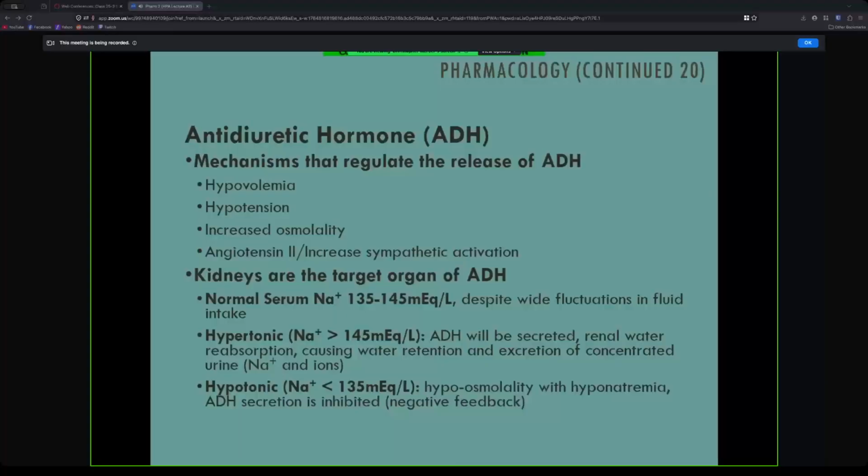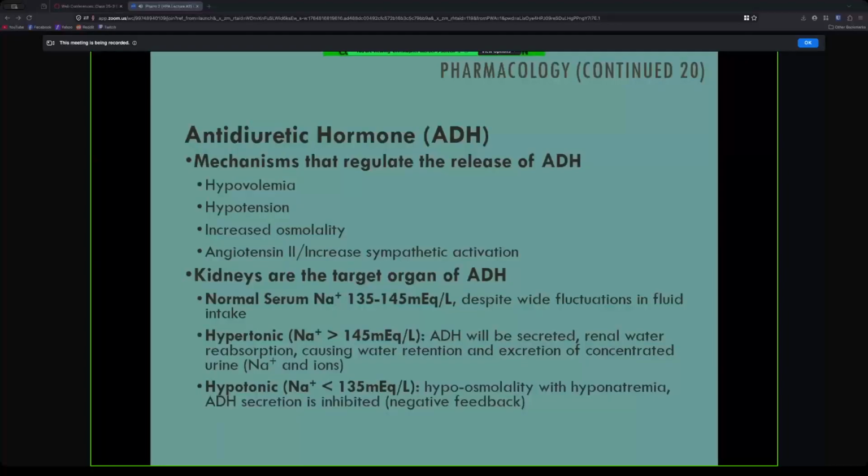So when the plasma sodium is hypertonic, above 145 milliequivalents per liter, we're going to secrete ADH, driving renal water reabsorption and forcing our patient to produce more concentrated urine, which is going to bring the sodium in the patient's system back down.